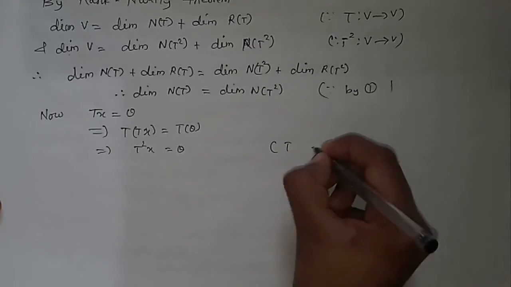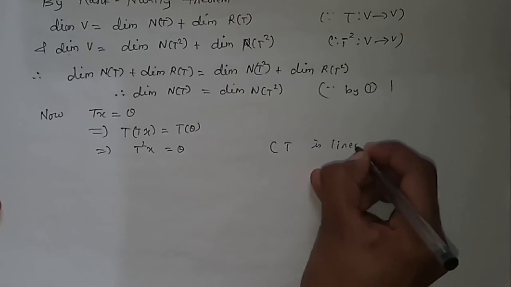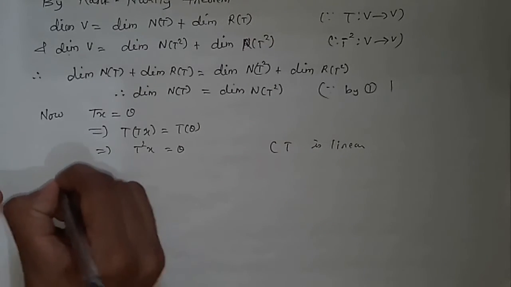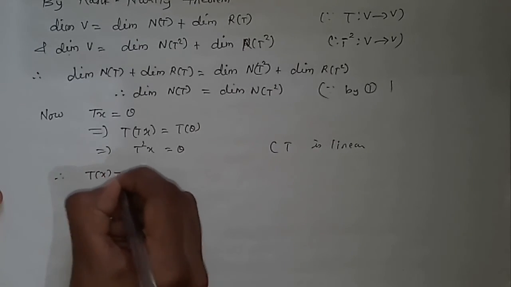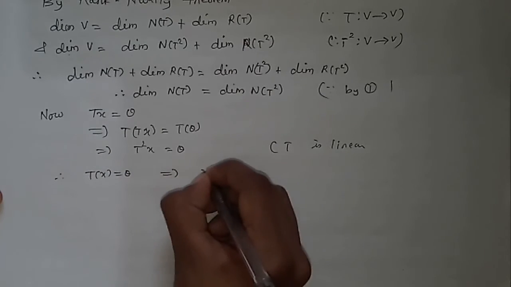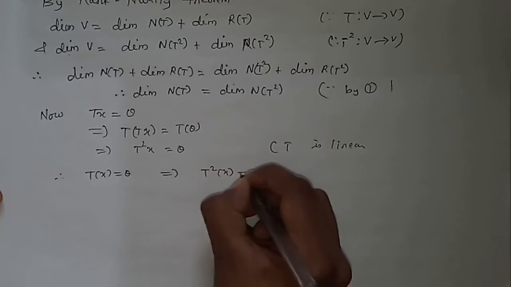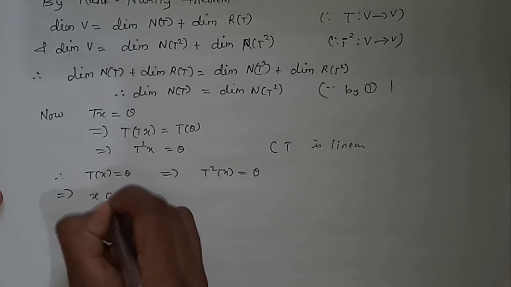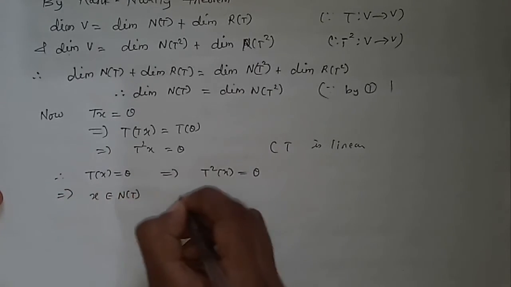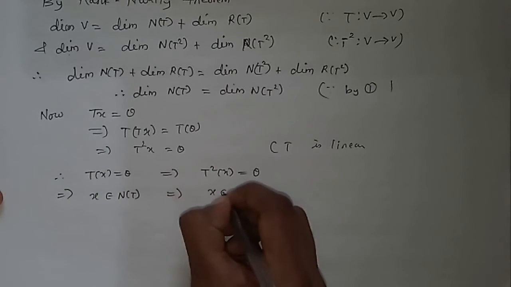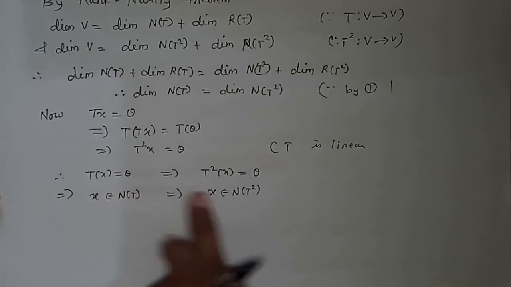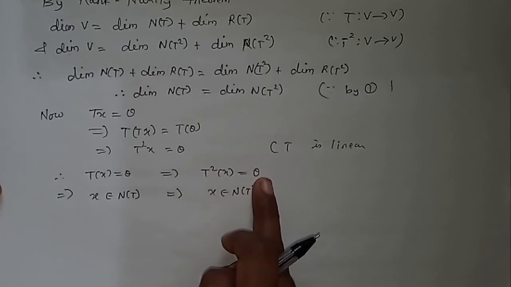Now since T is linear, we can write this. T of x is equal to theta implies T square x is equal to theta. This implies if x belongs to nullity of T, then x also belongs to nullity of T square. If T of x is equal to theta, then T square x is also equal to theta.